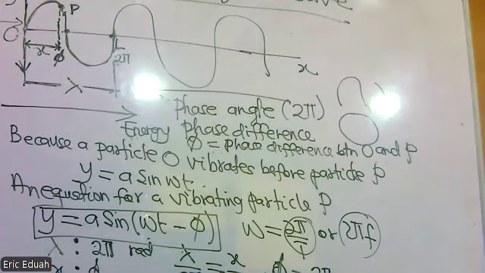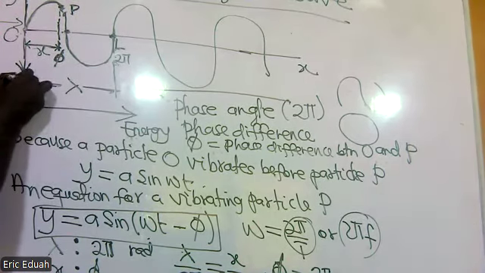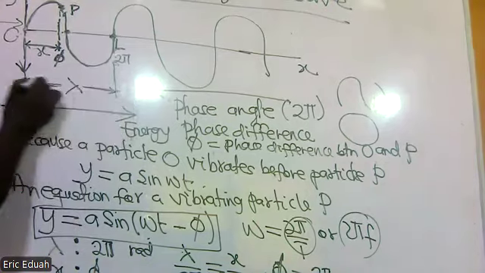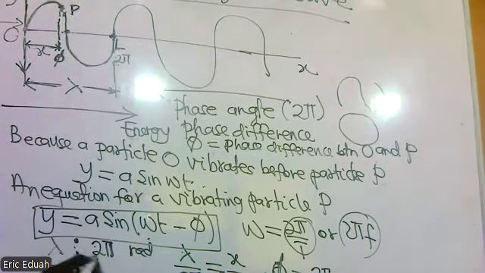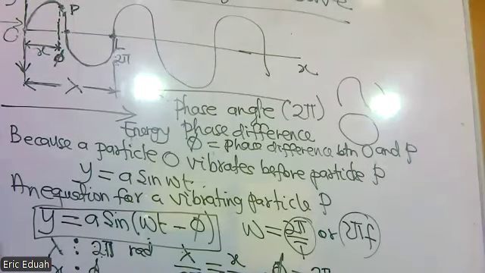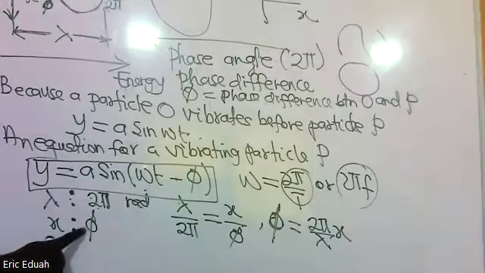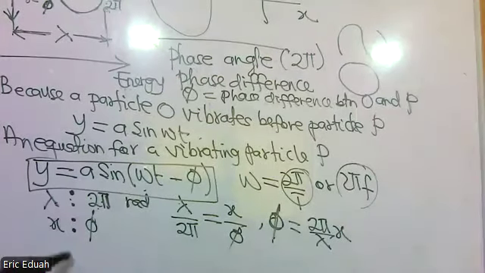So all that I'm saying is that a full wavelength, lambda, corresponds to a phase angle of 360 or 2 pi radian. Is that not so? Yes, please. So lambda is to 2 pi, whereas the wavelength x, which I don't know, is equal to a phase angle I don't know, which I'm representing by the letter phi.